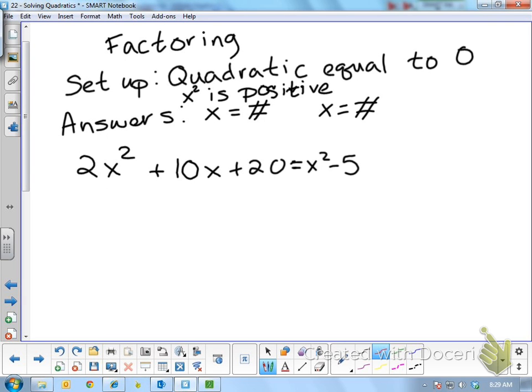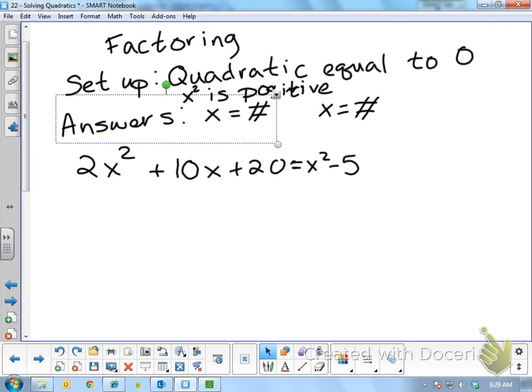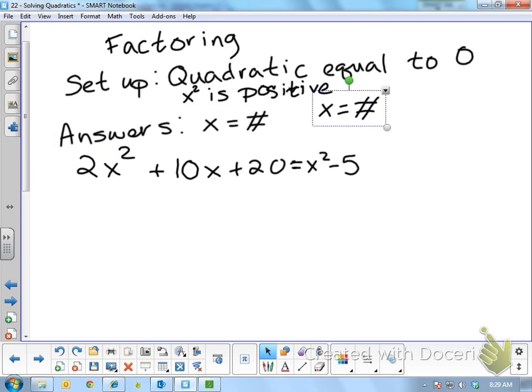So when we are factoring, our setup is, again, our quadratic needs to be equal to 0. The box method itself just takes up a lot of room.